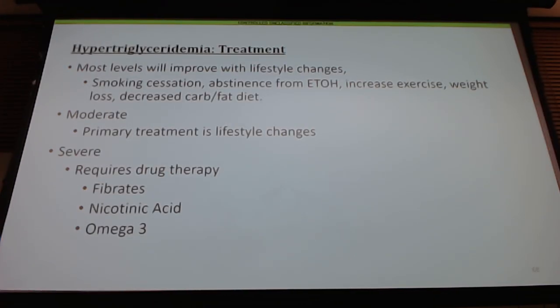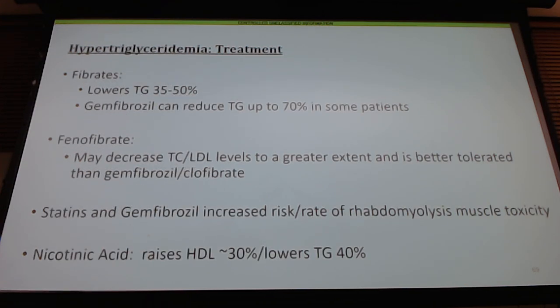So what do we have at our disposal? For moderate elevations, lifestyle changes. For severe, we have our fibrates, we have our nicotinic acids, and we have our omega-3s that can help us lower those triglyceride levels.